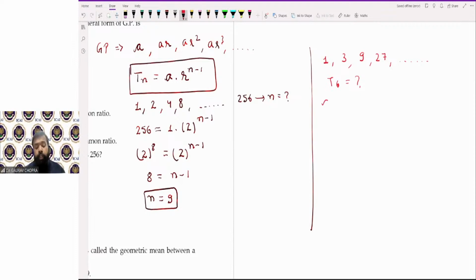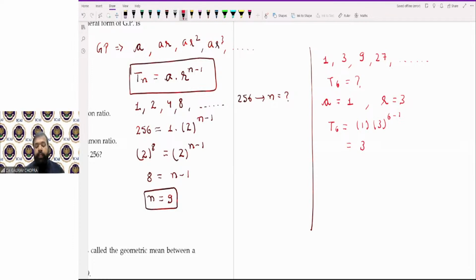For applying the formula, we require two things. One is A, the first term, which is 1. R, the common ratio, is 3. Now just apply the formula. So T6 is equal to A multiplied by R to the power of 6 minus 1.